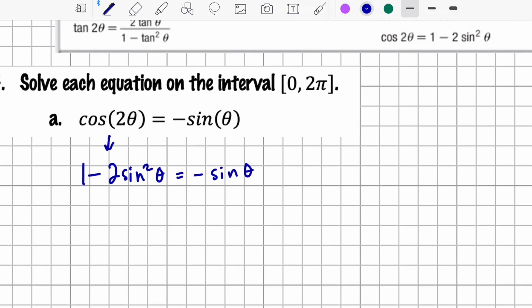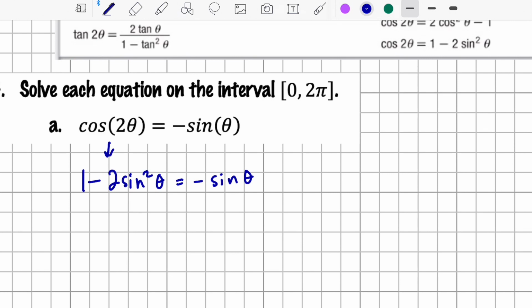Now, this looks like a quadratic. Think of 1 minus 2x squared equals negative x. If it looked like that, then we would set it to 0 and then solve by factoring or something like that. So let me erase this. And what I'm going to do is I want to make sure this one is positive.